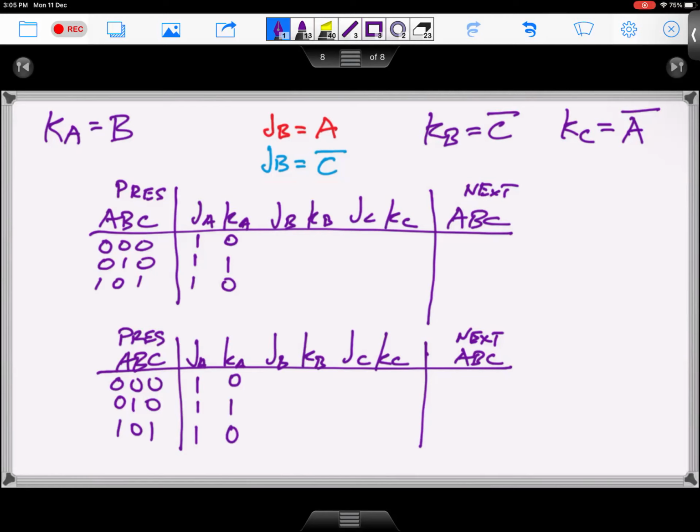JB is either A or C bar. So let's do a JB for A and a JB for C bar. They're not identical. Matter of fact, they're opposites of one another. KB is C bar.